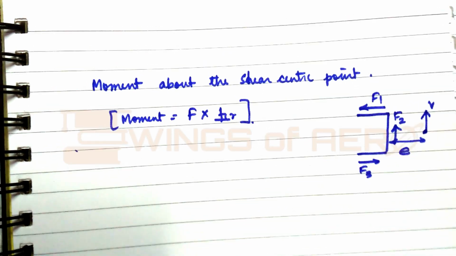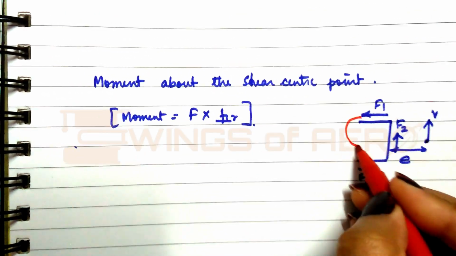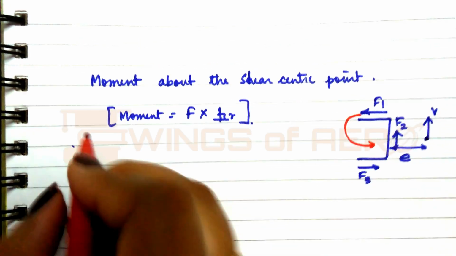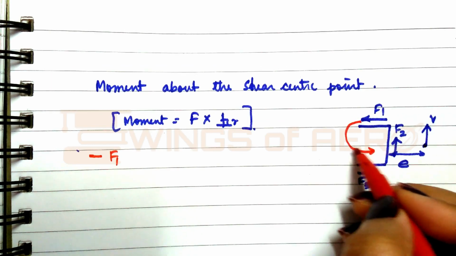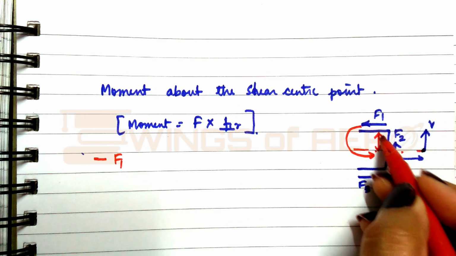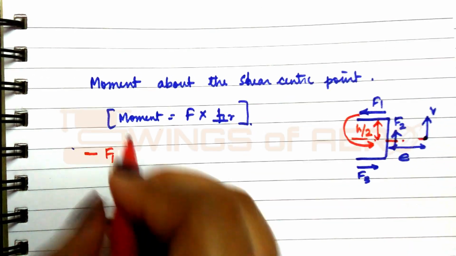How is it acting on the shear center point? It is going in an anti-clockwise direction, so it is negative F1. And what is the perpendicular distance? The distance between here and here is h by 2.